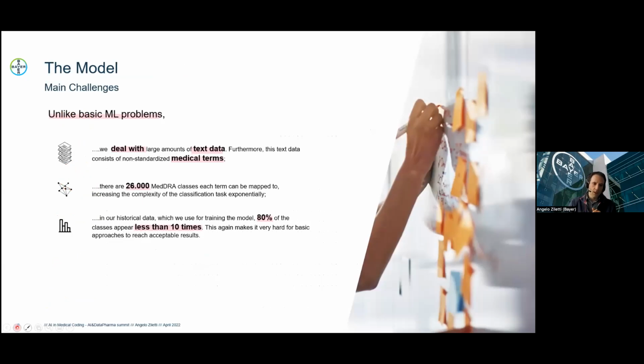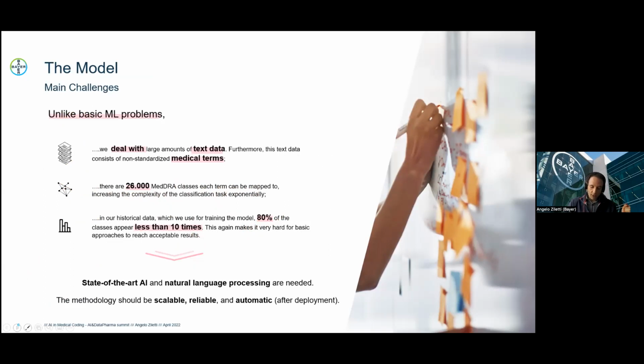The challenges are that we have text data, which is unstructured because they are medical terms. There are 80,000 terms at the lowest level of granularity, or 26,000 in the less granular version, that each term can be mapped to. So it's very difficult. Making that even worse, 80% of these 26,000 classes appear less than 10 times, so there are very few data points to train on for most of the classes.